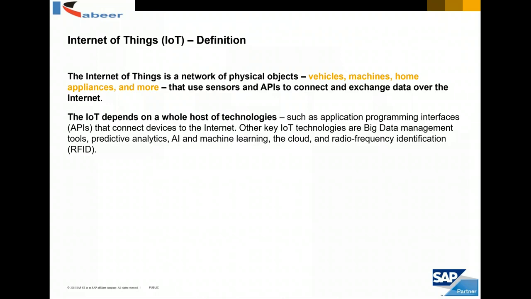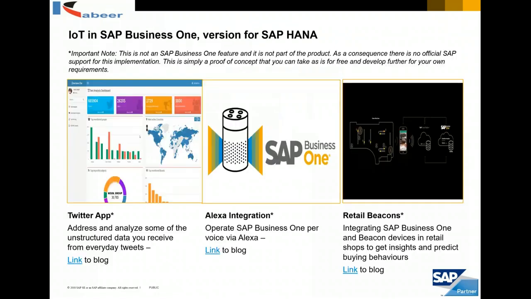It intends to connect your physical objects like vehicles, machines, home appliances, or any other digital footprint you can think of. Many things which you can utilize in your day-to-day life using Internet of Things are immensely powerful.